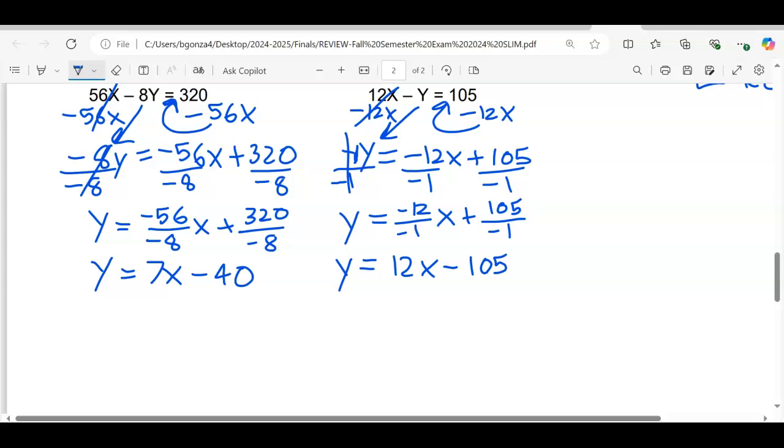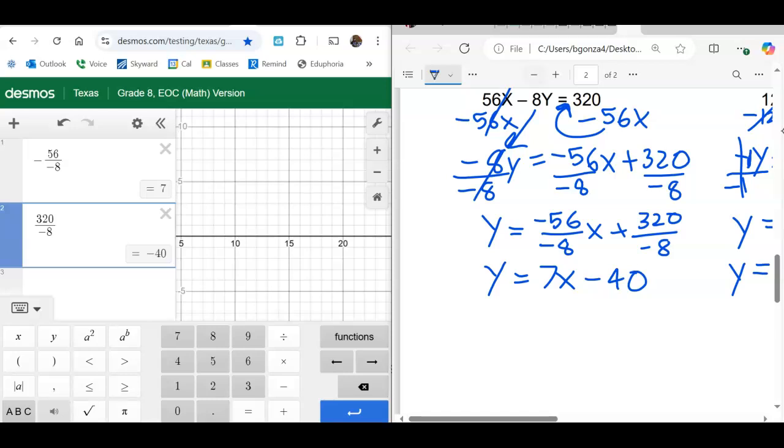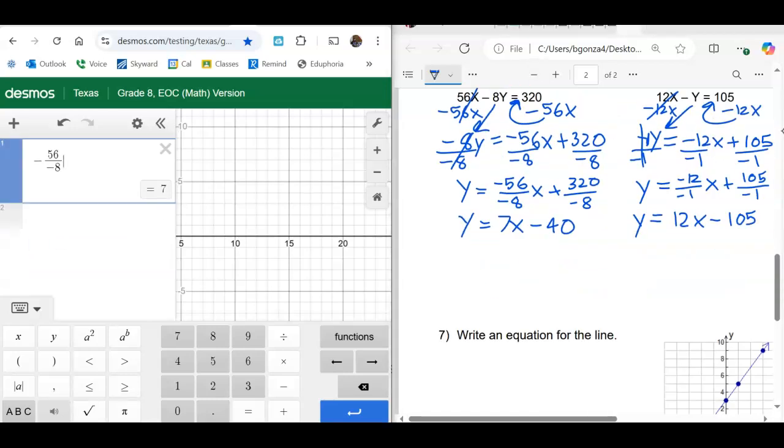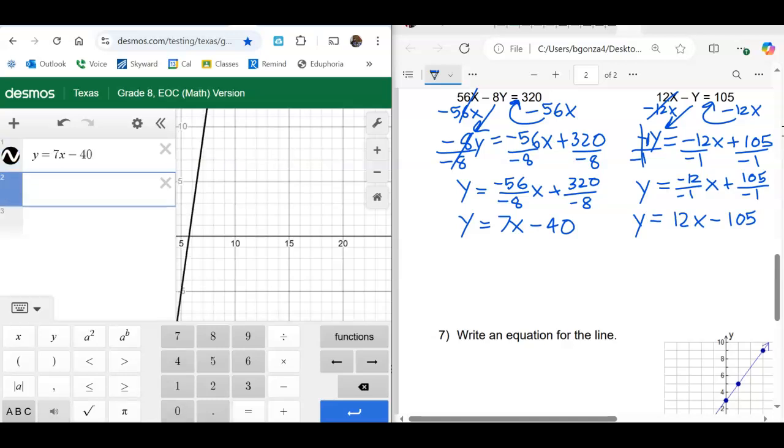So I have my two equations. Now I just have to graph them. So let's do that. Y equals 7x minus 40. Y equals 12x minus 105. Okay.